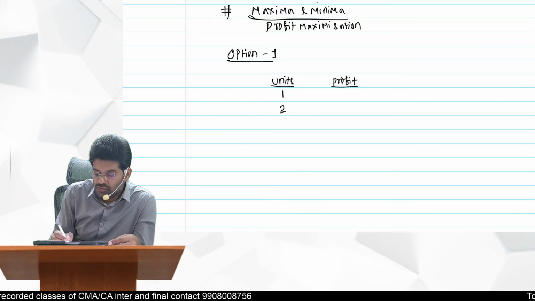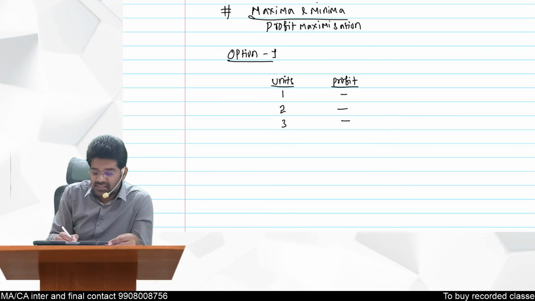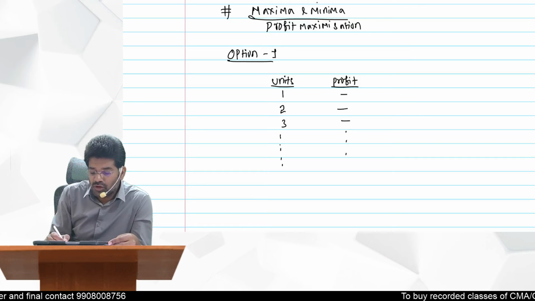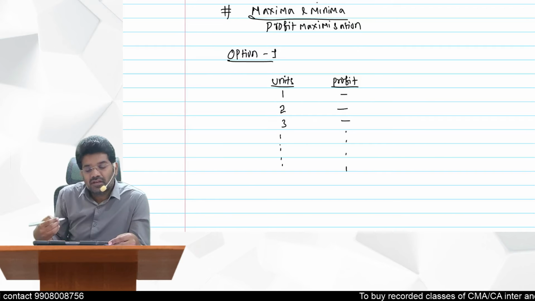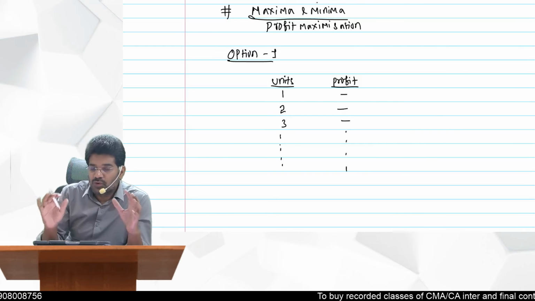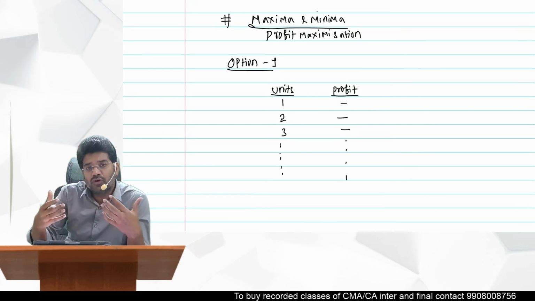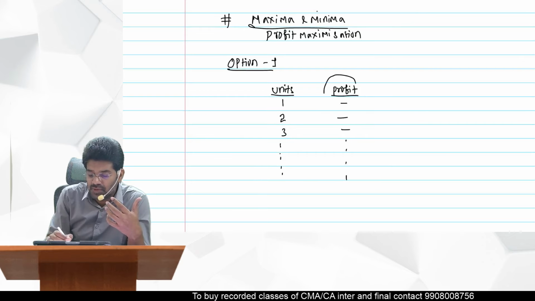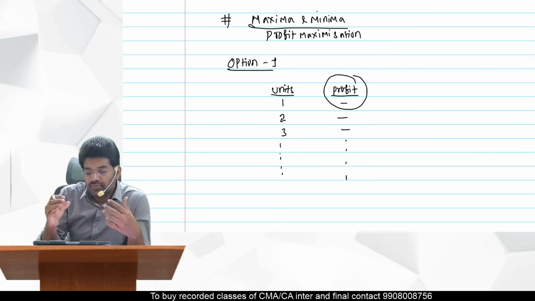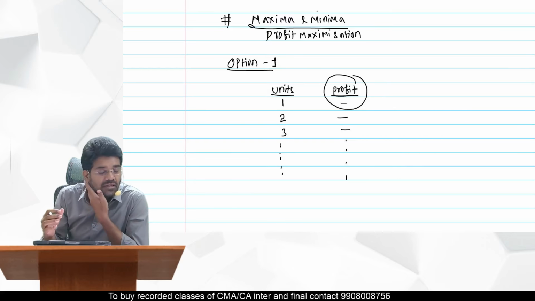For 2 units, what is the profit? For 3 units, what is the profit? Like this, this is one option for you to calculate at what level of output the profit would be maximum. That is what you can find out.